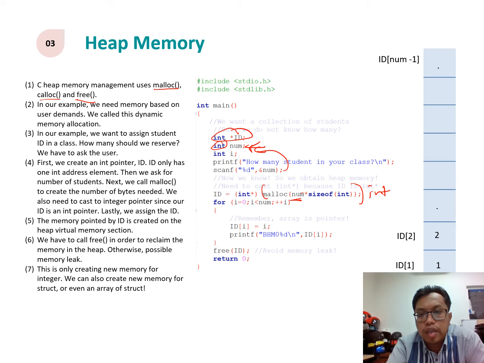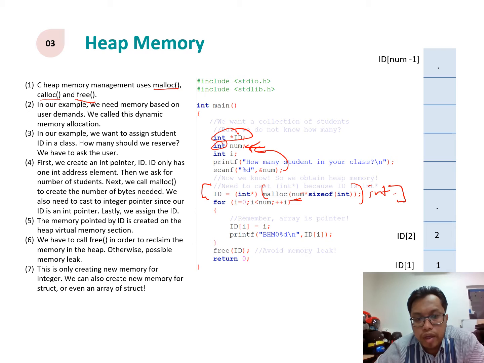That's how we allocate the dynamic memory to the integer pointer id. Within this exact same line, this is how you implement the dynamic memory allocation.